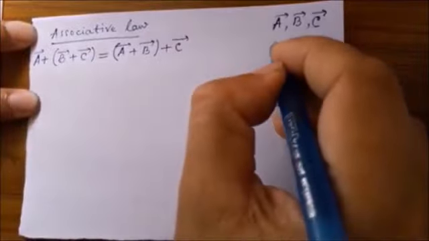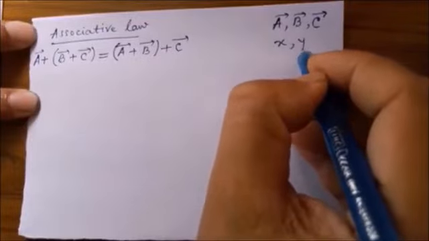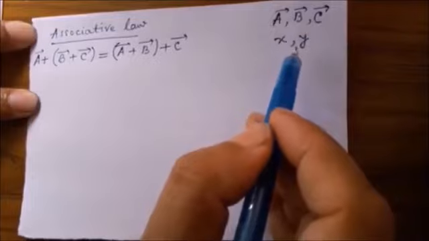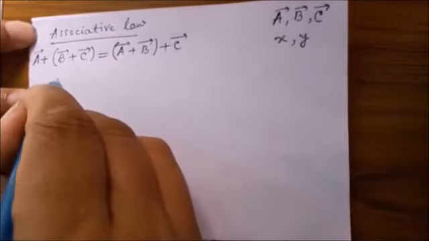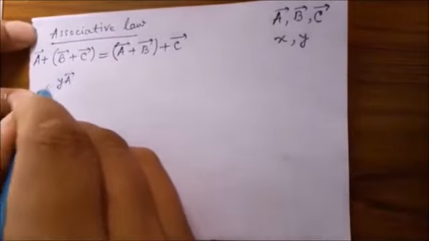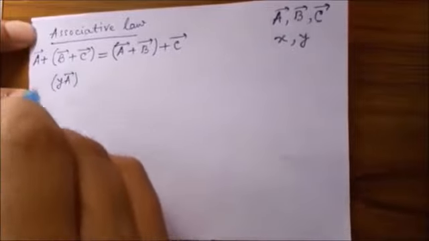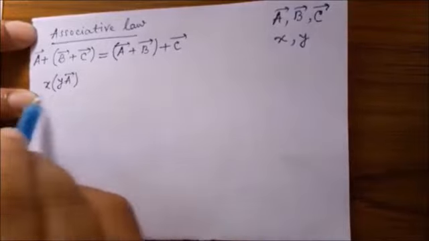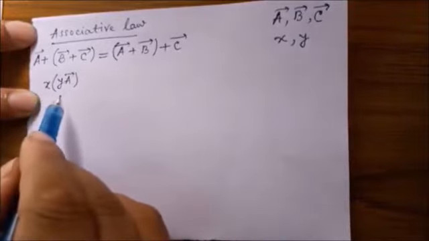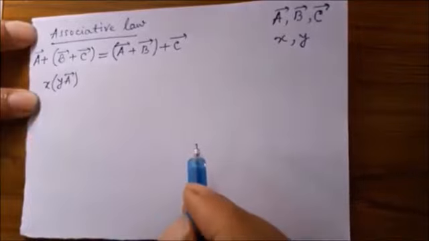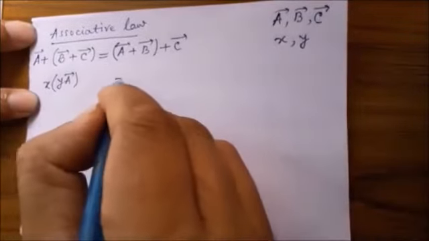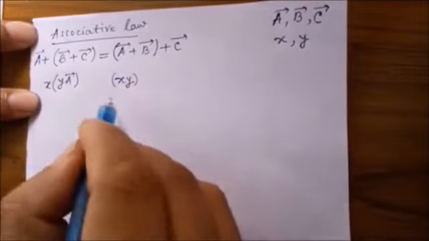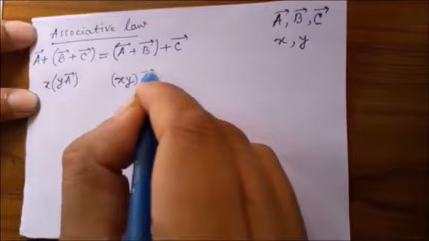Let us think of two scalars x and y. Now we can form the product. We can multiply A by y, and therefore we have this thing. And then let us multiply this product with x, and this is the final product which we get. We can also take the product of the two scalars first and then multiply A with it.